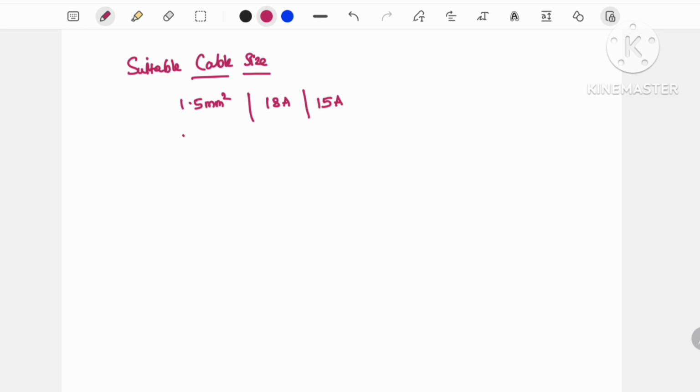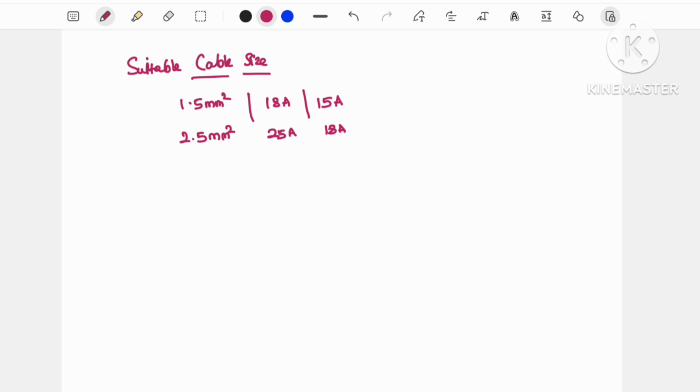In case we choose 2.5 square mm, it comes to 25 amps for single phase and 18 amps for 3 phase.